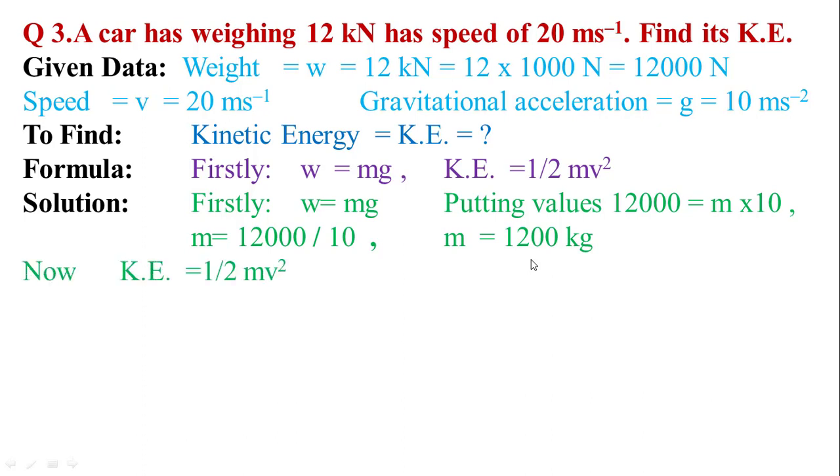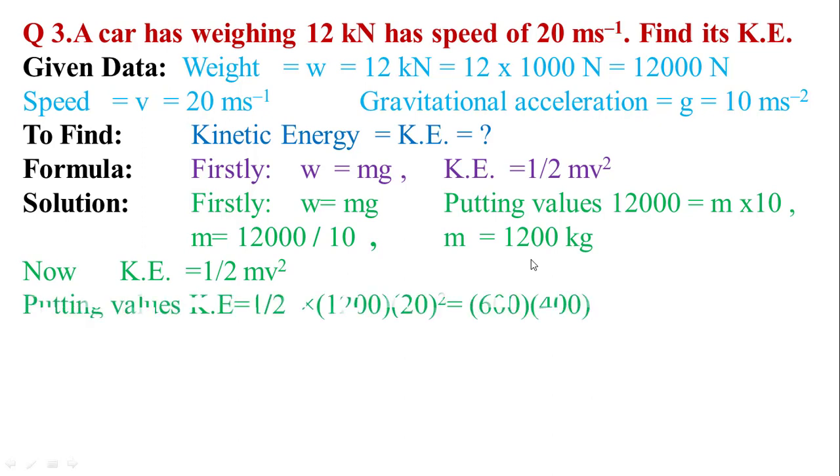Now KE is equal to 1 upon 2 mv square. So, putting the values in the kinetic energy formula, KE is equal to 1 upon 2, the value of mass is 2000, into 20 square.